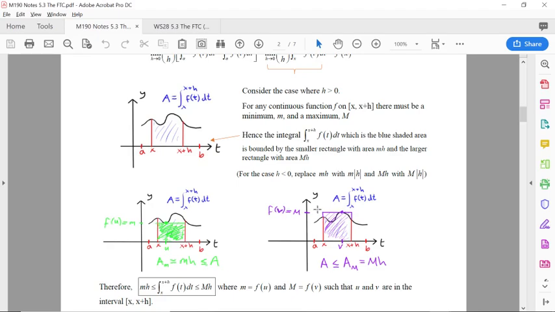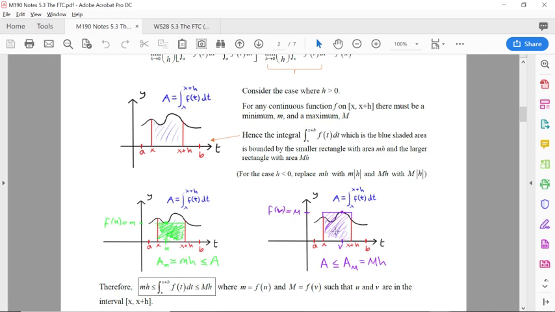We'll call that absolute maximum uppercase M. Well, then the area of the rectangle over this interval with a height of uppercase M must be an upper bound, an overestimate to our actual area that the integral is giving us. So an overestimate for our integral would be uppercase M times h.